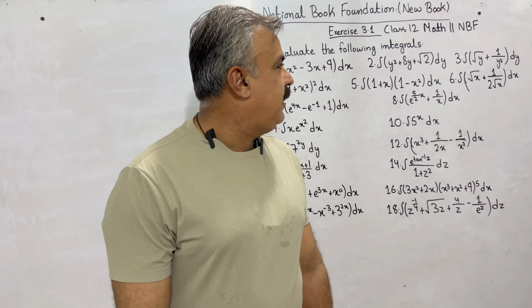Here, no variable. We can manage a variable by y raised to 0. Integrate: y cube divided by 3, 8y square divided by 2 plus root 2, 0 plus 1, 1 over 1, integration constant. Applying the table, we have 1 over 3 y cube plus 4y square plus root 2 y plus c as our answer in that case.